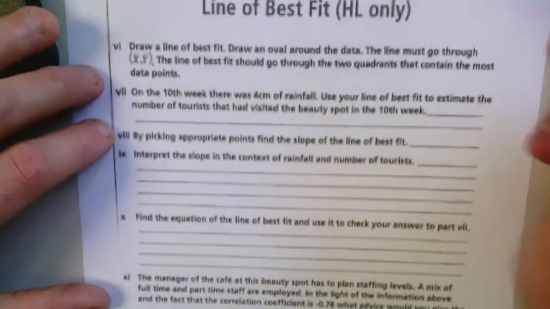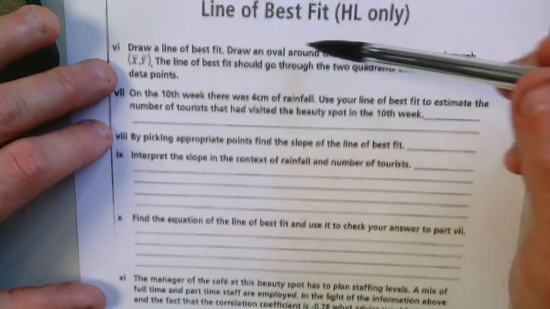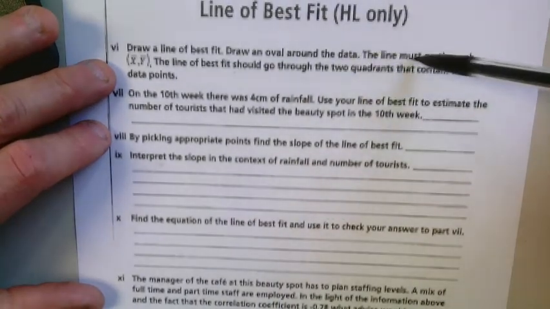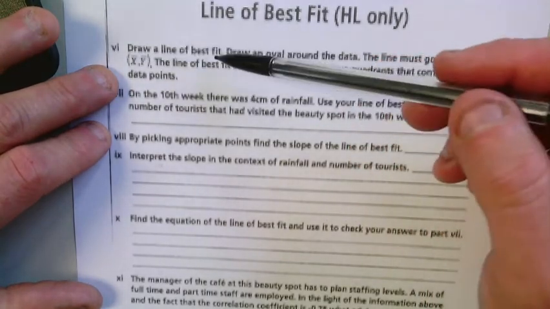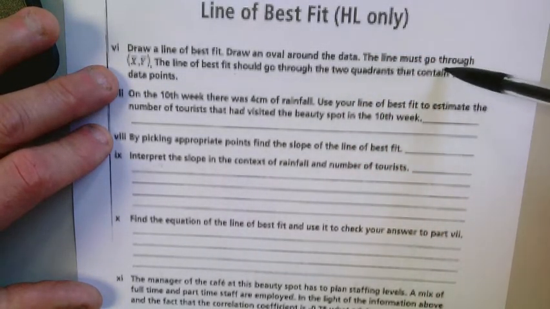Okay? Now the next part says this: draw a line of best fit, draw an oval around the data. The line must go through the average x and average y, and the line of best fit should go through the 2 quadrants that contain the most data.